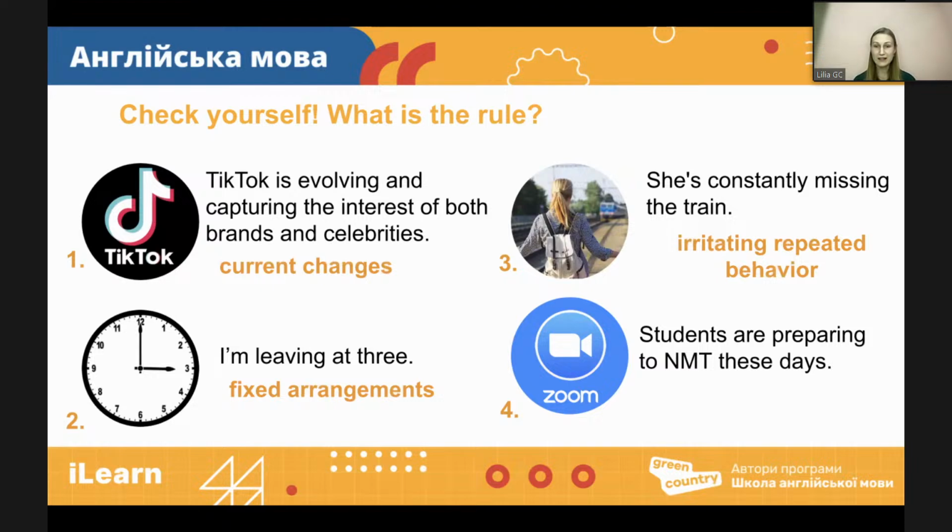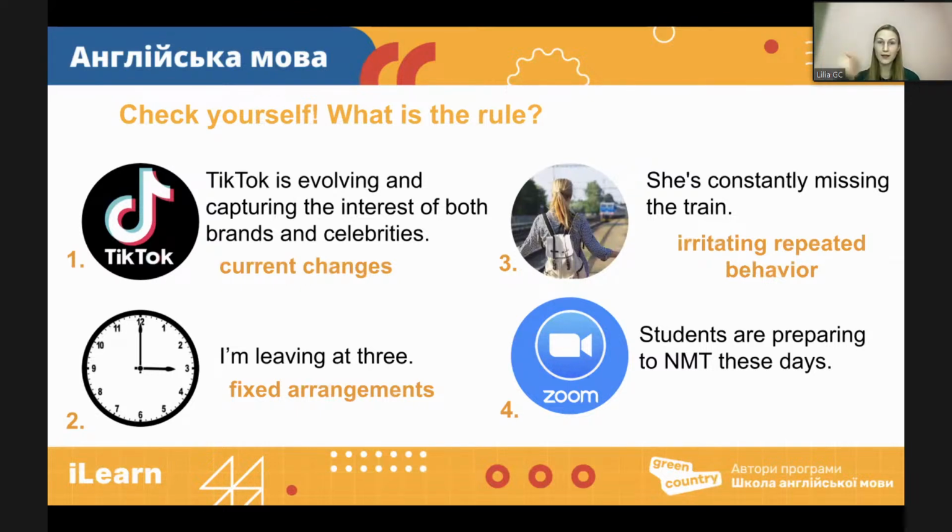All right. And number 4, students are preparing to NMT these days. So what rule is that? Again, your ideas in the comments. Let's do it. Is it about right now? Well, not in our case, but speaking in general about all the students. Yeah, so not right now, but what rule is it?